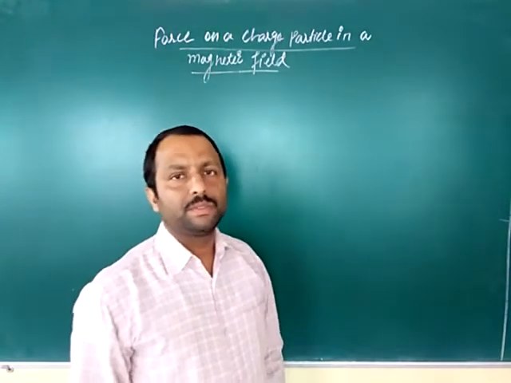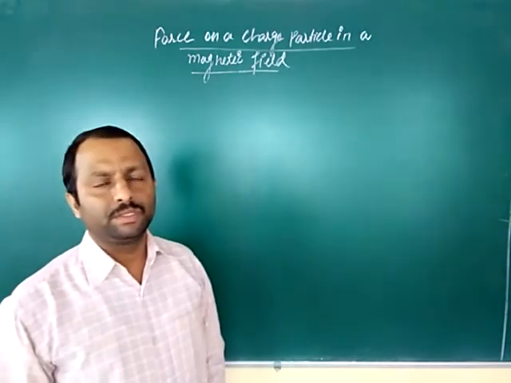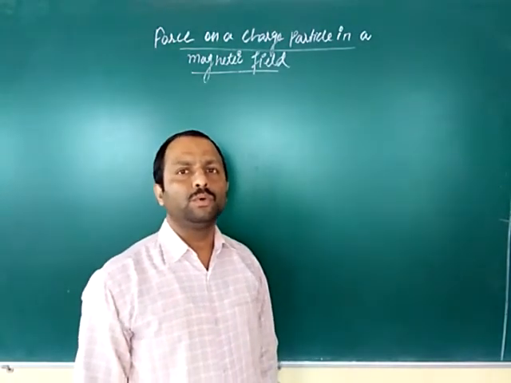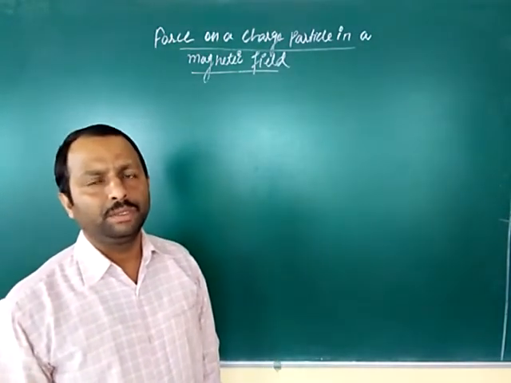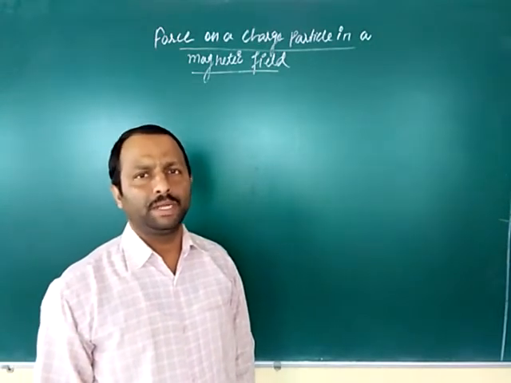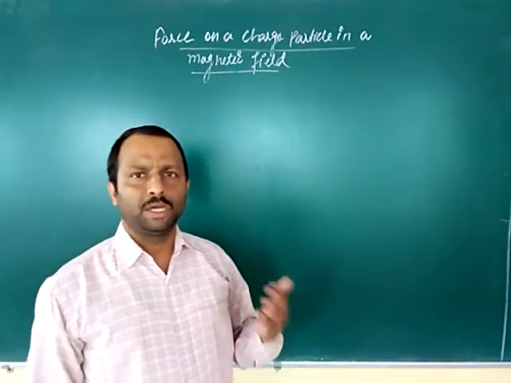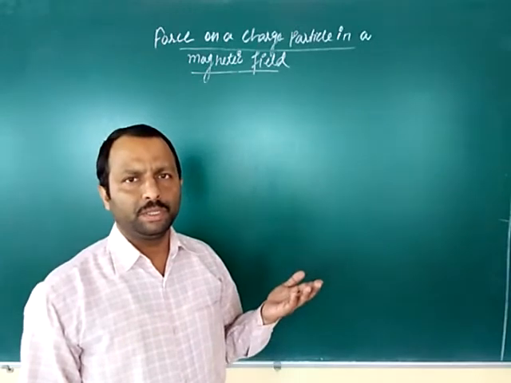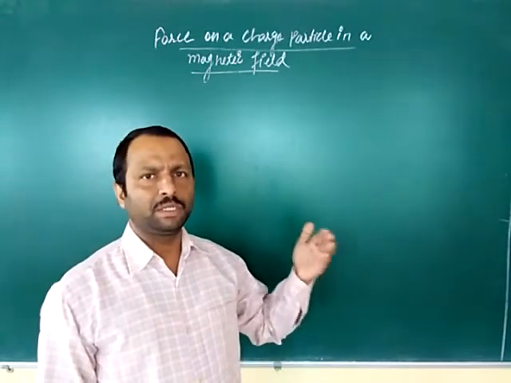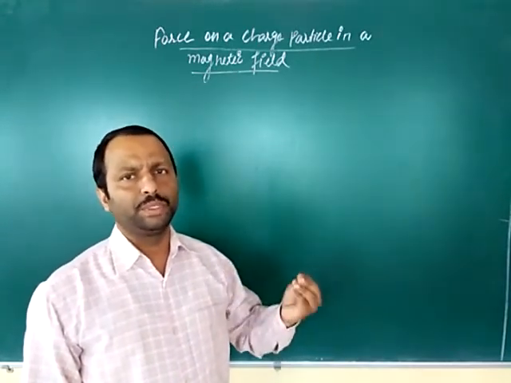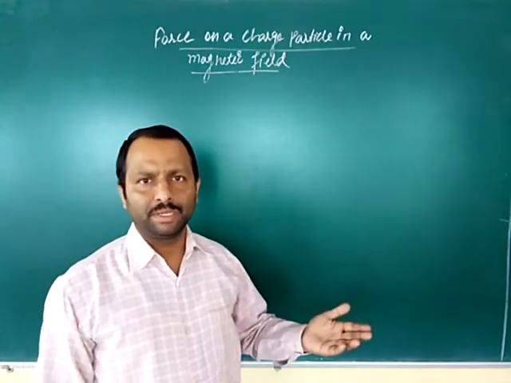Good morning, students. In the previous lecture, we studied the force on a charged particle when it is moving in the magnetic field. As the charged particle moves, it produces its own magnetic field.